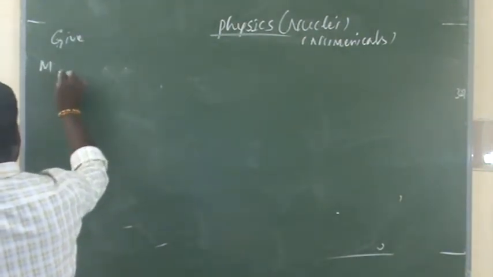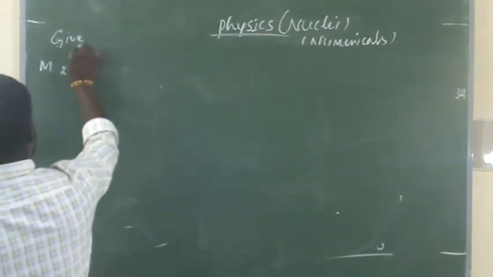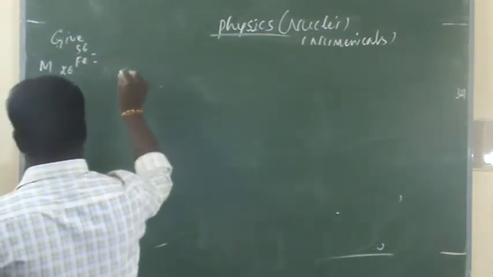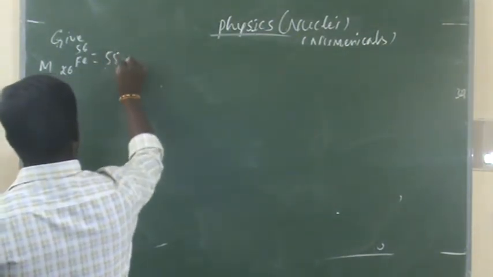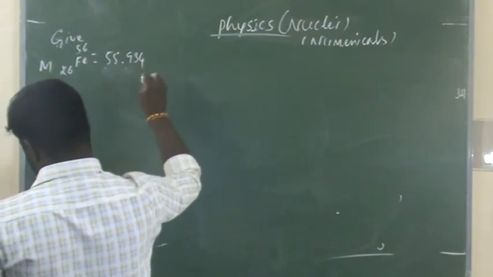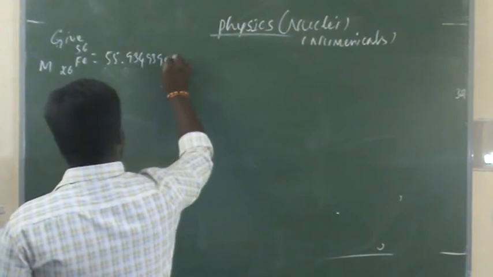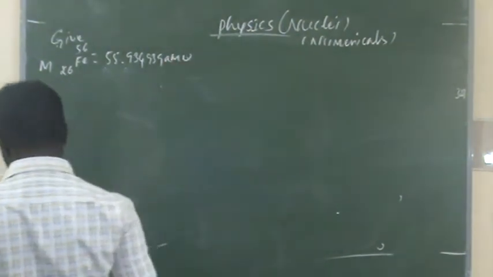The mass of 26 Fe 56 is equal to 55.939 atomic mass unit.